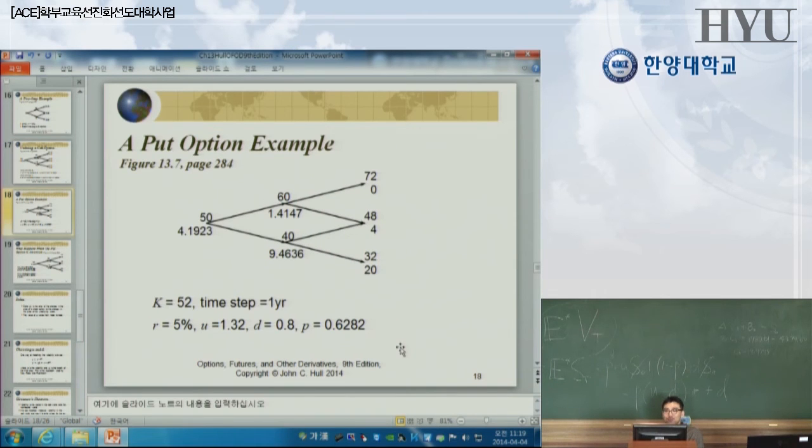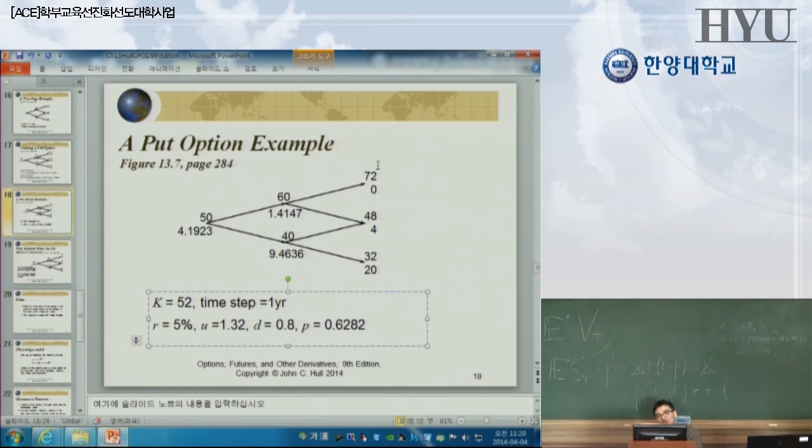Now, a put option example. Again, let's say the initial stock price is 50. It goes up to 60, 40, and then goes up like this. U, the up factor, is 1.32 and D is 0.8. The put option strike price is 52, and a put option is the right to sell, okay? I have no reason to sell an asset whose value is 72 at a low price.